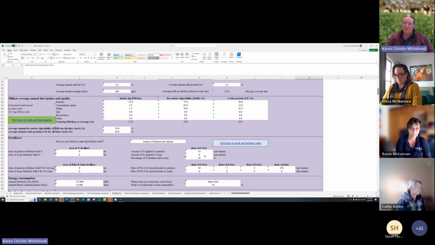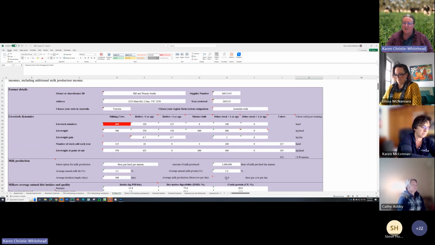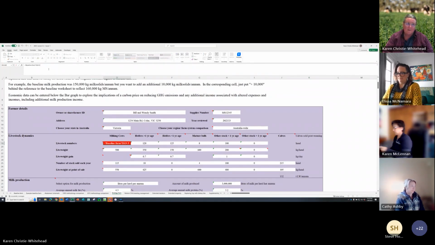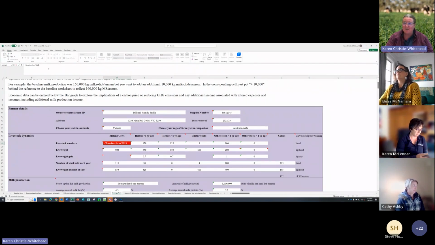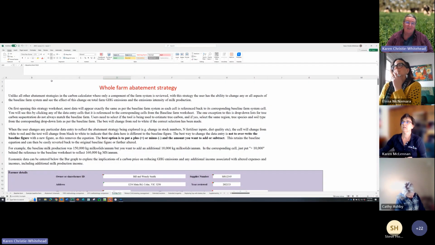Without digging into why those two particular farms are sitting quite differently on the scale, there could be a range of reasons. I would suggest primarily it's herd size and milk production per cow. Thanks for that. And apologies, I should have done some homework and worked out why they are so different when I was pulling those two farms out, which would have helped this conversation.